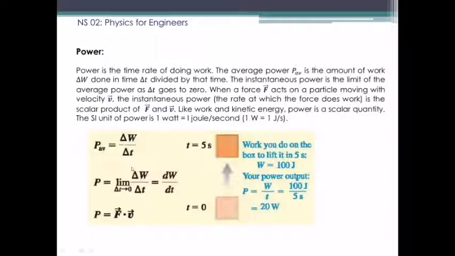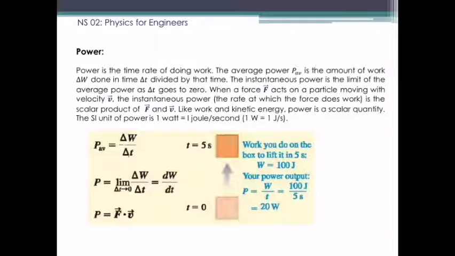So what is the difference among them, since we have here the three: work, energy, and power? By simple definition, work is the dot product of force and the displacement.